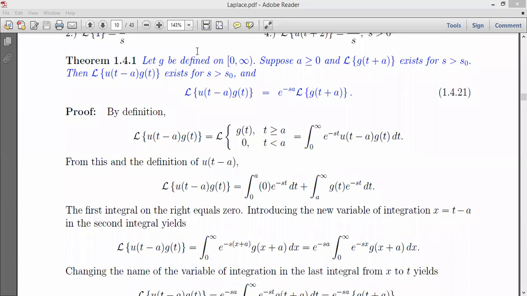Okay, so last week, I think that was Thursday, we looked at this theorem and we went through the proof. In our attempt to go down into the proof, we deduced this.